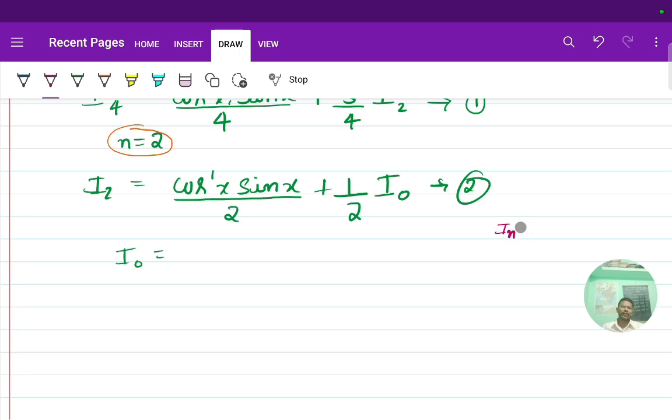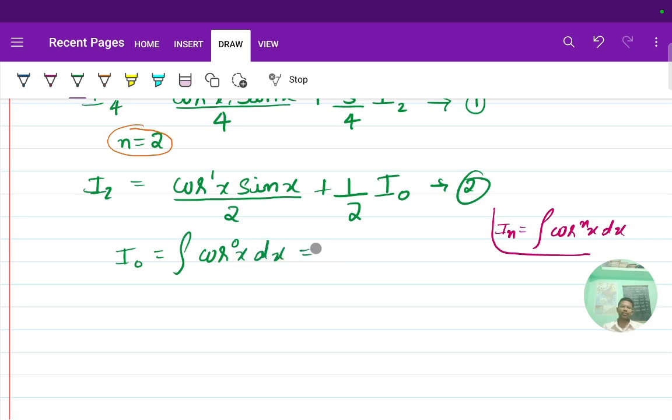In is equals to integration cos power nx dx. By considering this, we can take n is equals to 0 here. I naught means n is equals to 0. So when we replace n by 0, I naught is equals to integration cos power 0 x dx.